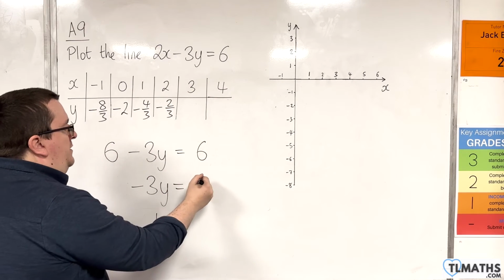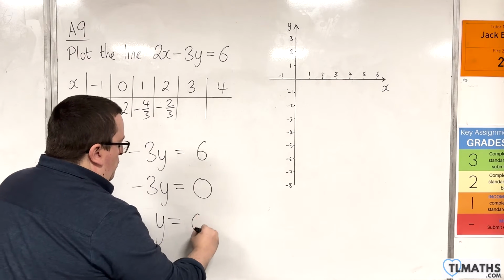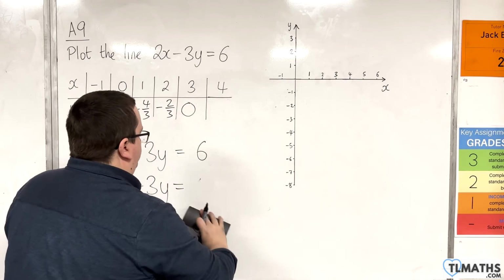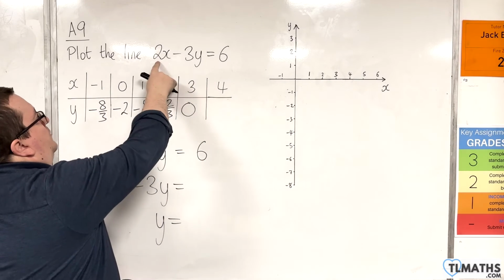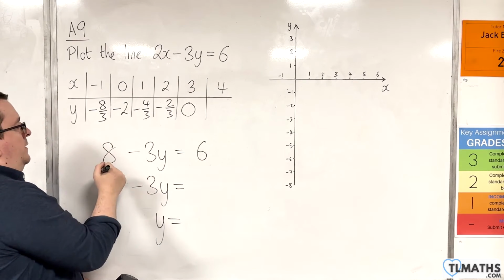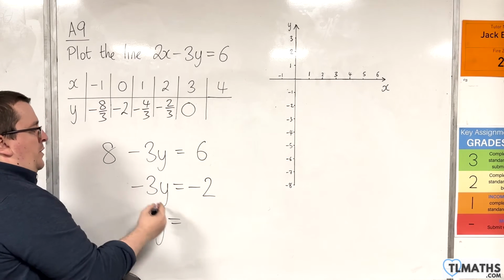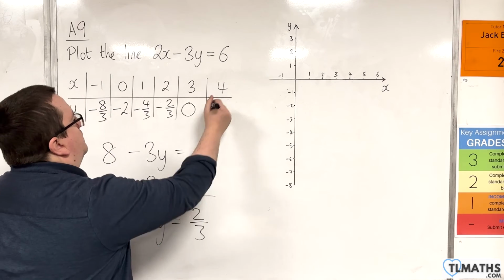Subtract 6 from both sides, we'll have 0. Then divide both sides by minus 3, so y is 0. And then when x is 4, two lots of 4 is 8. Subtract 8 from both sides, so minus 2. Divide both sides by minus 3, so minus 2 divided by minus 3 is 2/3.